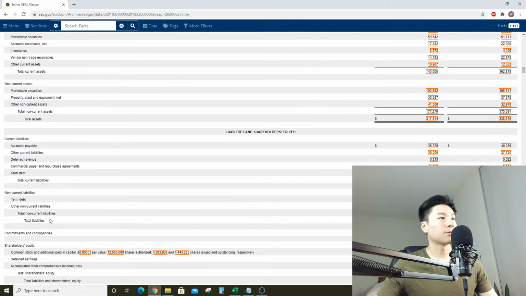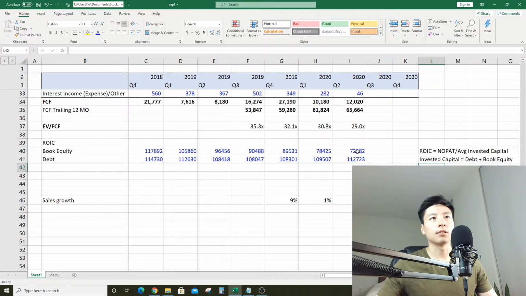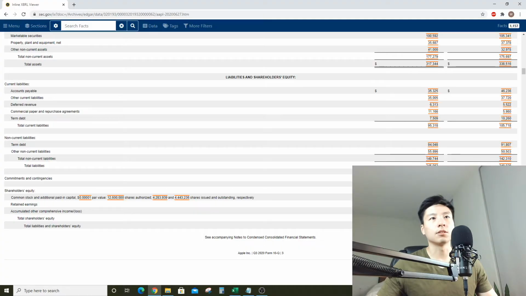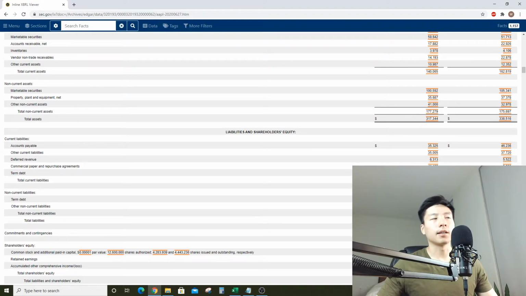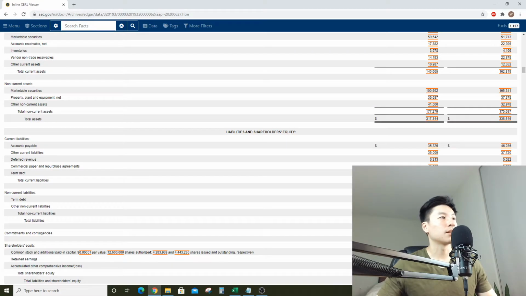Book equity is under liabilities right here, stockholders' equity. So 72282, that's what I put in for Q2. And debt, we went over this last time, but you just add the short-term debt under current liabilities to the long-term debt under non-current to get total debt.